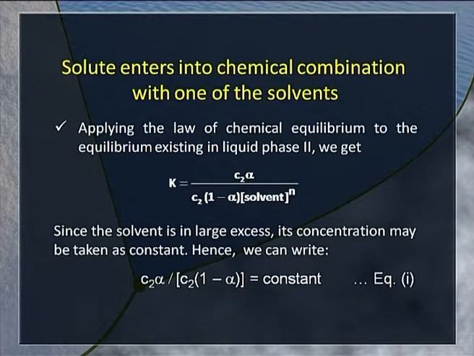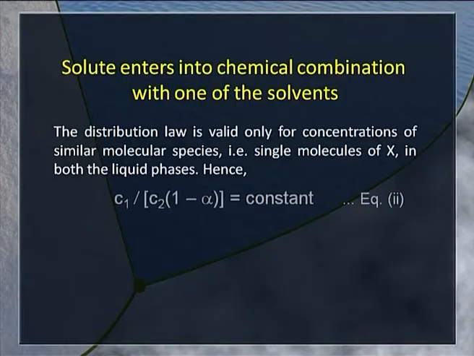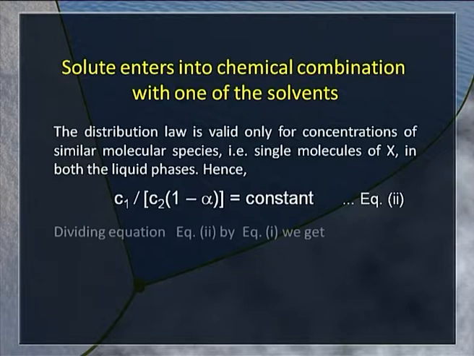The distribution law is valid only for the concentration of similar molecular species. We have been repeating this. That is, if we take the concentration of single molecules of X, then we can apply distribution law. Hence, C1 upon C2 into 1 minus alpha is equal to constant. This is equation 2.